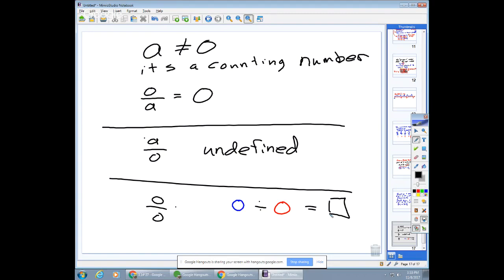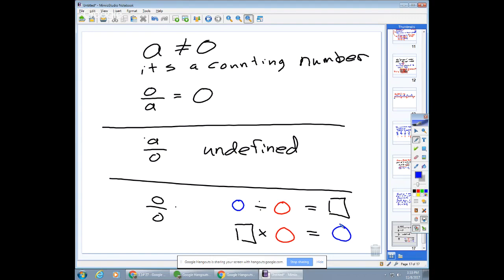When I rewrite it, I get blank box times the red 0 equals the blue 0. So I just do it backwards. So what times 0 equals 0? Anything. Yeah, any whole number works there, which is a problem. There's no unique answer there.